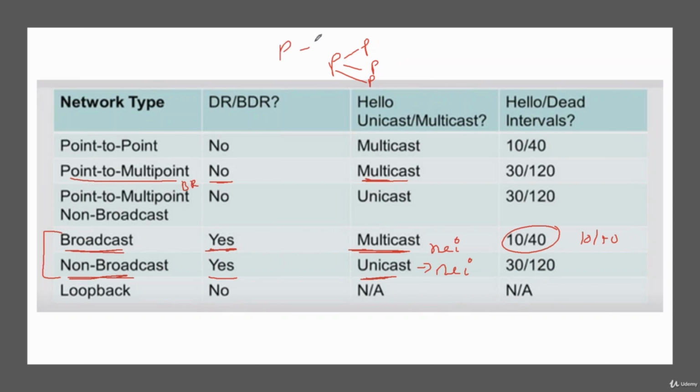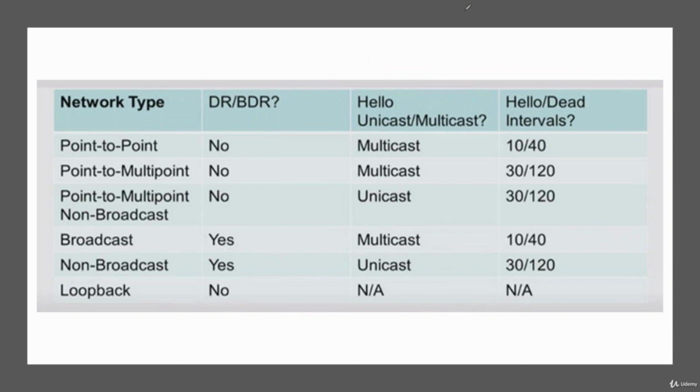So whenever you have a point-to-point network, you are not going to form the DR/BDR, because there are just two devices. Why would you form DR/BDR? Then we have point to multipoint non-broadcast. Now this is non-broadcast, so you have to use the neighbor command to form the OSPF neighbor relationship. That's the whole summary we have for the OSPF network types.